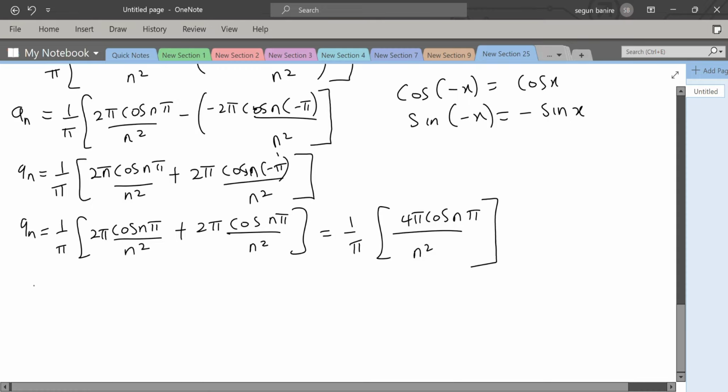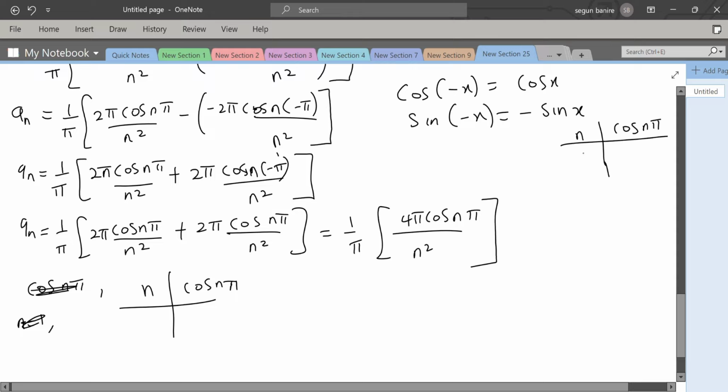Now, there is another story we are going to tell at this point. You see this cos n pi, it has a certain behavior for a given value of n. So let's say, for example, n is 1. What will your cos function give you? You can even draw a table to study the property. N and then cos n pi.